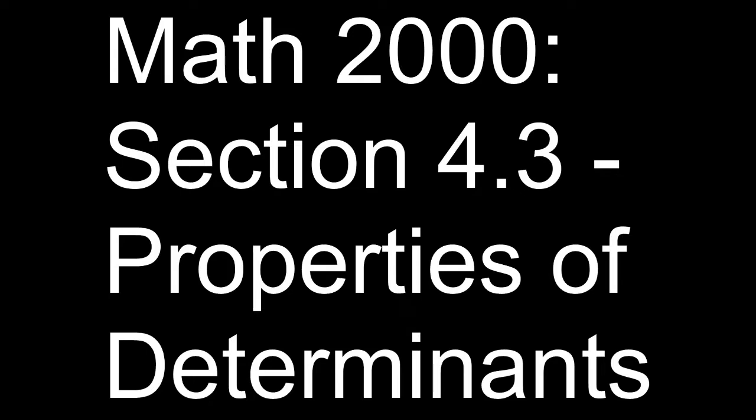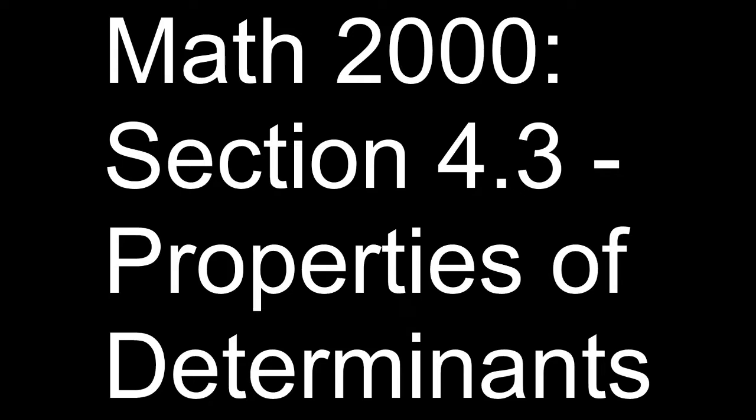It's Professor Winson here again with a video on your ZyBooks Section 4.3 on properties of determinants. Now, in sections 4.1 and 4.2, we've been introduced to the determinant of a square matrix and how to find the determinant of a square matrix.